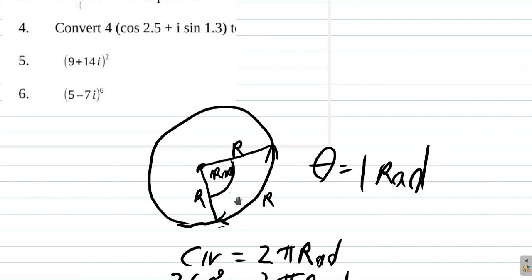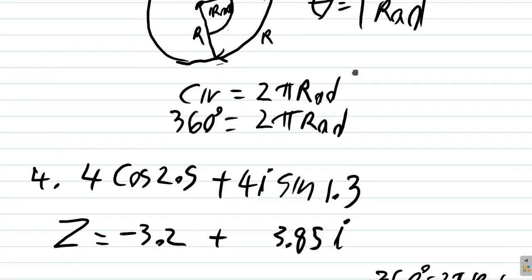Now make sure you know how to change the mode of your calculator from radians to degrees, and when you change it, make sure you test an angle. If you say sine 30, you get an answer. When you change it to radian and say sine 30 again, it should be a different answer, right?